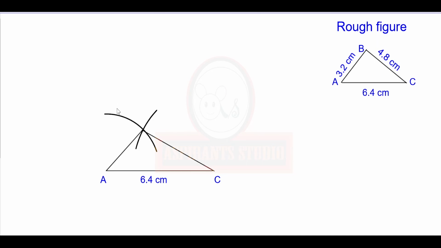Now label the diagram. Now length of AB is 3.2 centimeters. You have to label it.